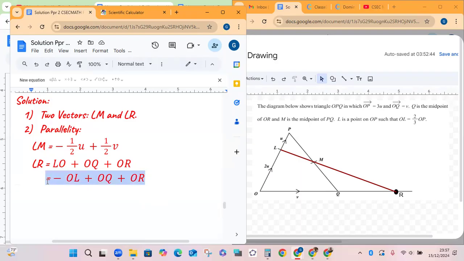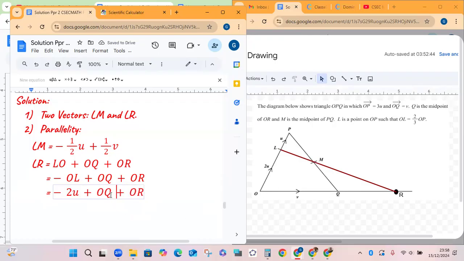Now let's translate in terms of U's and V's. OL is 2U. O to L is 2U. So that's a minus 2U.